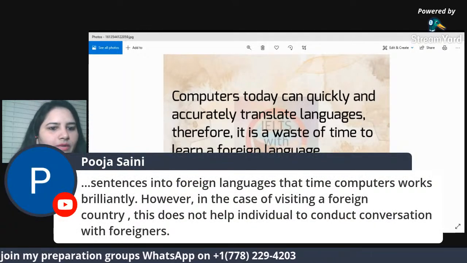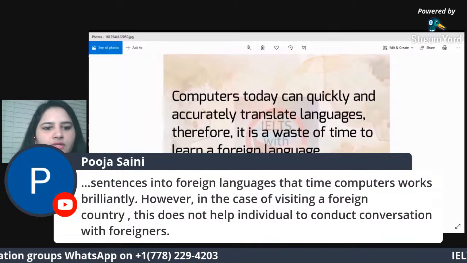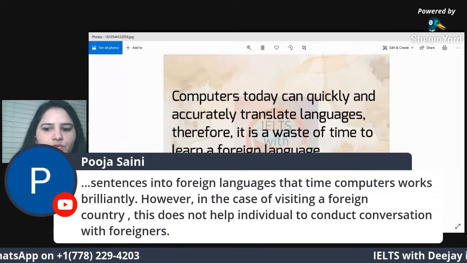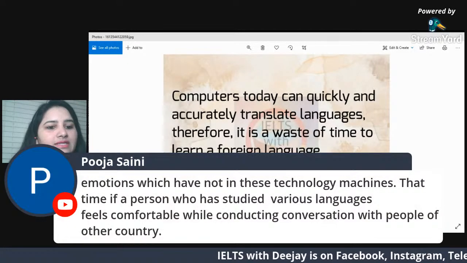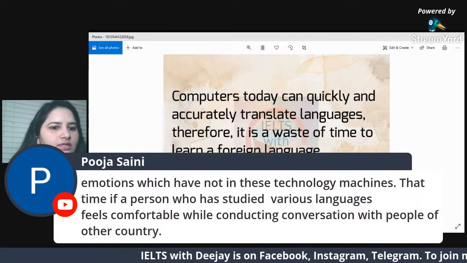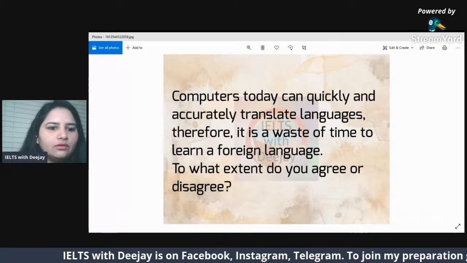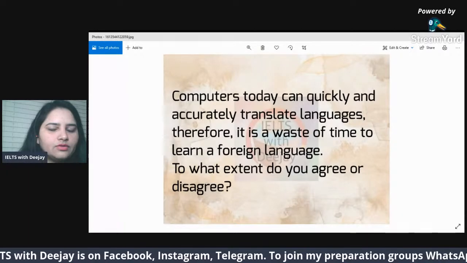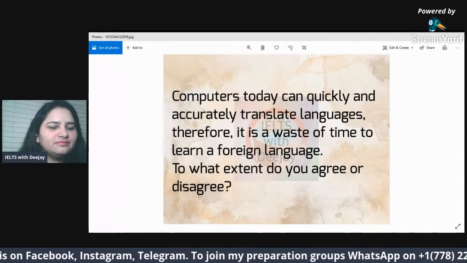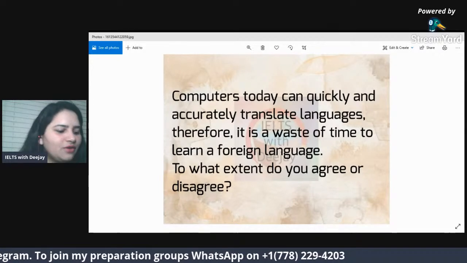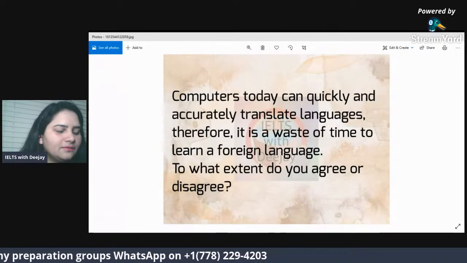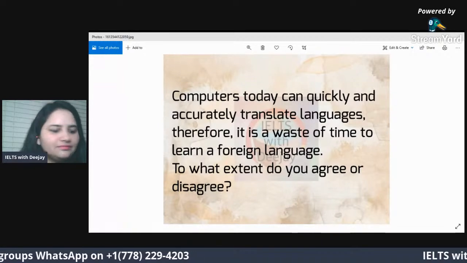Yeah, this was your main idea, and your example is completely justifying it. Your main idea and example should be in sync. So this is your example. Very good. So today, Pooja got it. This is how I was thinking you should do it. Great.